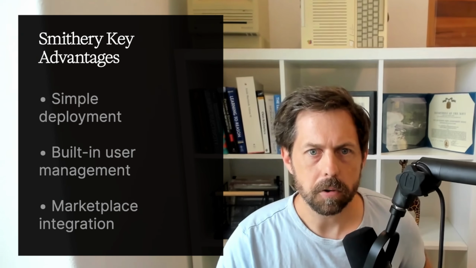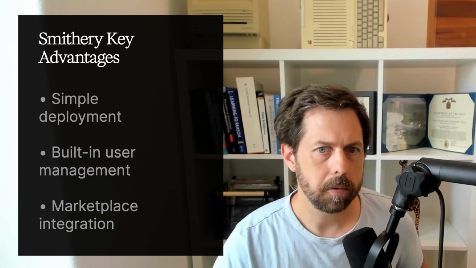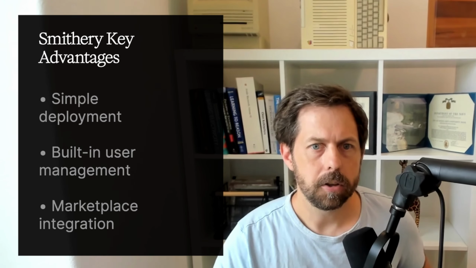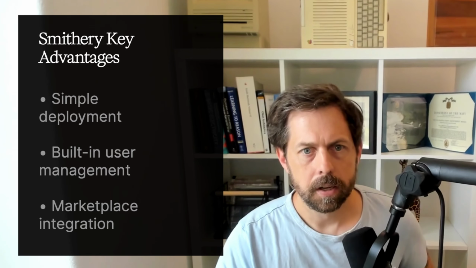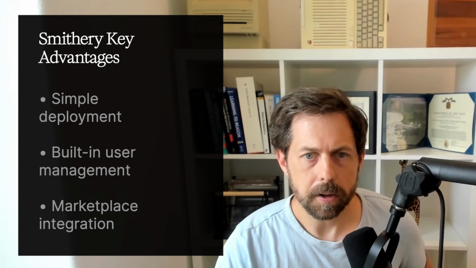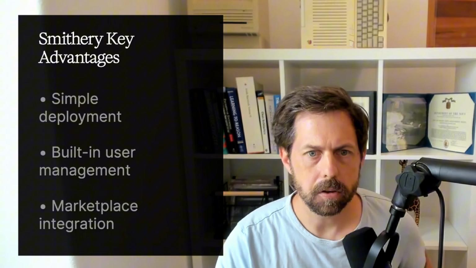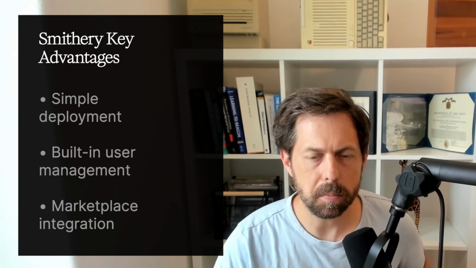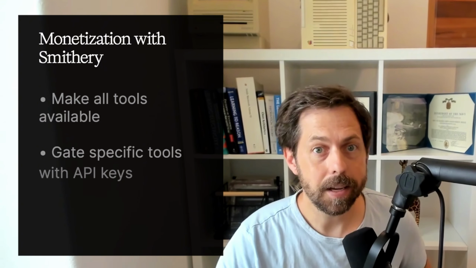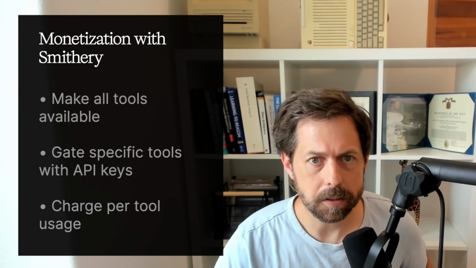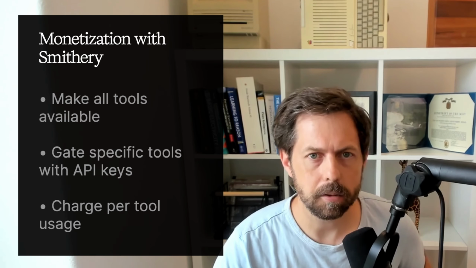But for now, in order to actually get listed on the Smithery.ai directory, you'll have to also deploy your server there, which gets into some of the downsides we've already talked about a few times. The fact that your MCP server code will need to be public doesn't mean that the APIs that you call have to be public. You can still use API keys to pass that through.